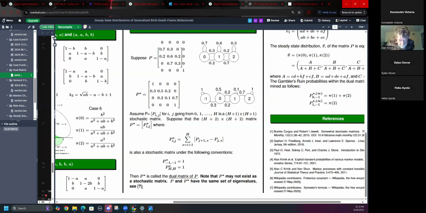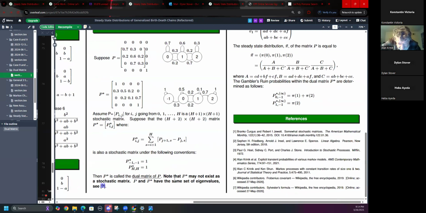What do you want right here? I think this is supposed to be a reference. Let's see, P star may not exist. Have the same eigenvalues. Yeah, that is a reference, one of the references to the right. Let me see which one.